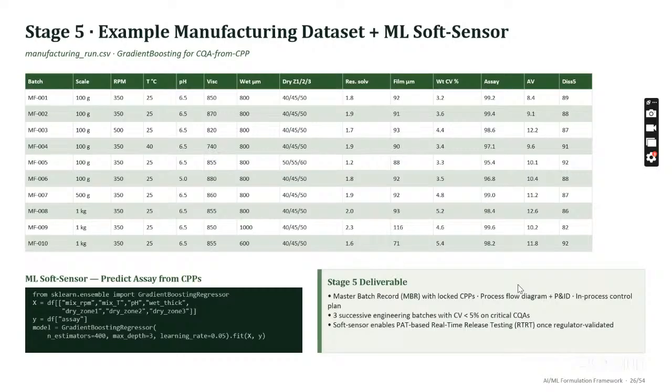If it predicts the exact value correctly, then it will be applicable to the remaining 90% of the data, because you have already confirmed it with your lab data against the predicted value. Then you can confidently go for the remaining batches also, which eventually enables real-time release testing once a regulator validates it. Okay? So this shows how scale and wet thickness shift the outcomes.